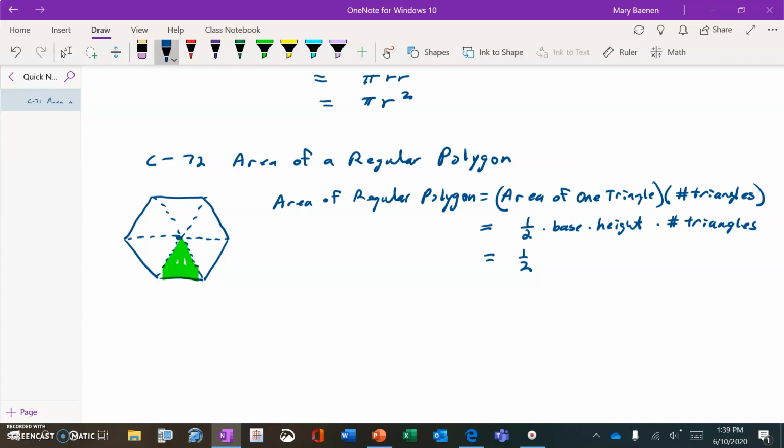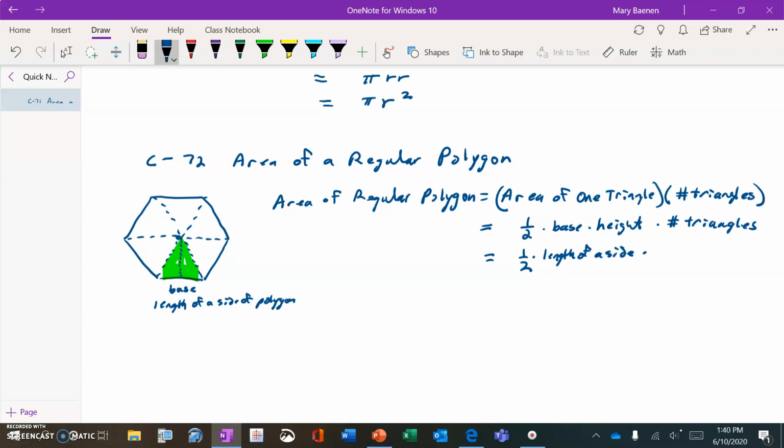Right here is the base of that triangle. The base of that triangle is actually the length of a side of the polygon. Okay, so this is going to be times the length of a side times, okay, now I need a height.